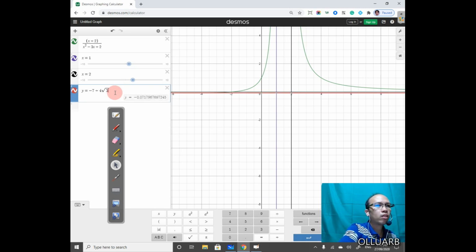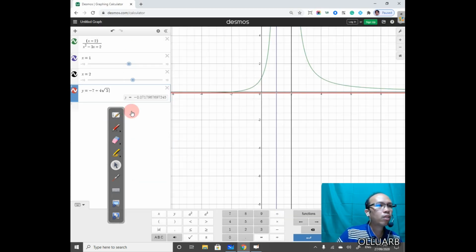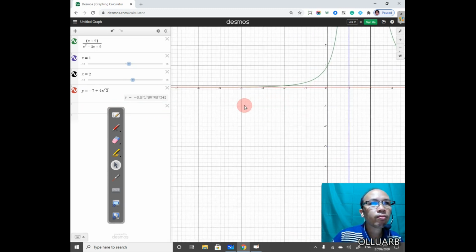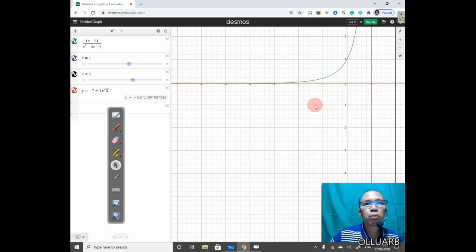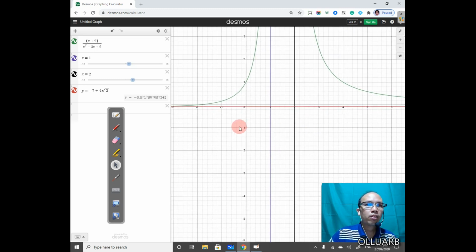Am I right? 4 square root of 3. Yes. Okay, enter. So as you can see here, let's zoom in. Our range is from this one. It will start from this one upward.